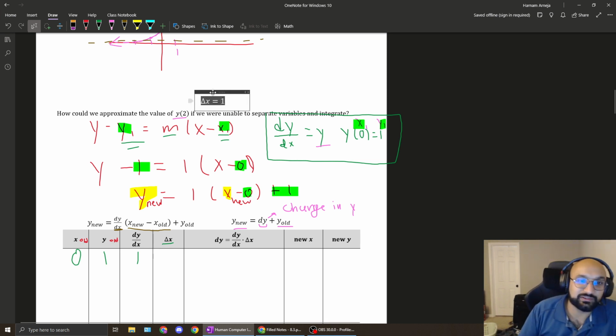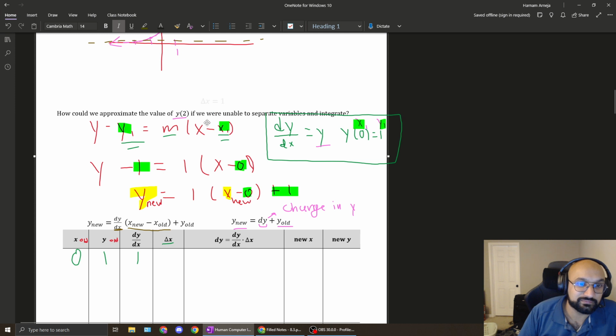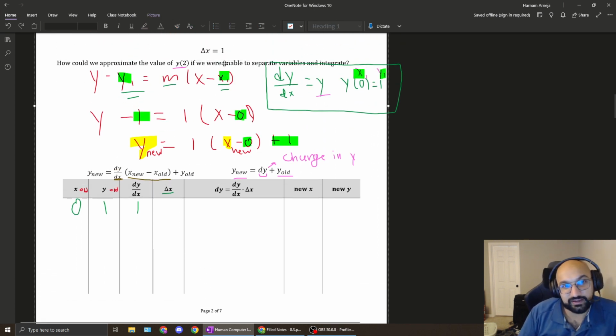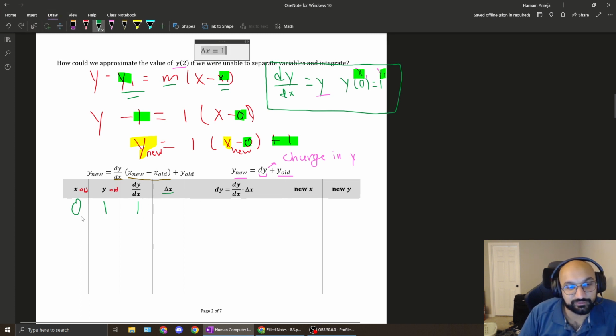Now, if delta x is equal to 1, that's quite a boring example because if we're starting with an x value of 1 and we're trying to get to 2, that's funny that this text isn't quite changing the color. There it is. Delta x is going to be 1 in this problem, and that's going to be the easiest solution because if we're starting at a value of 0 and we're trying to get to 2, it's only going to take us 2 steps. So we're going to make delta x 1.